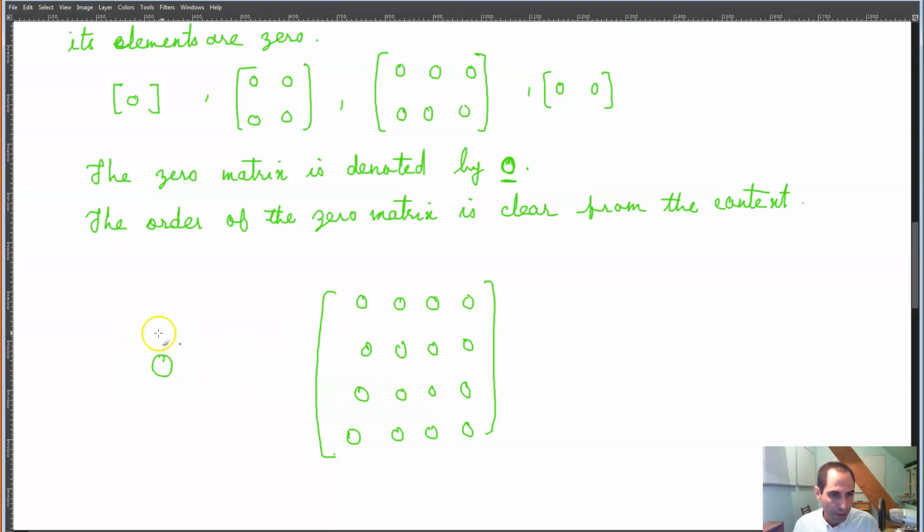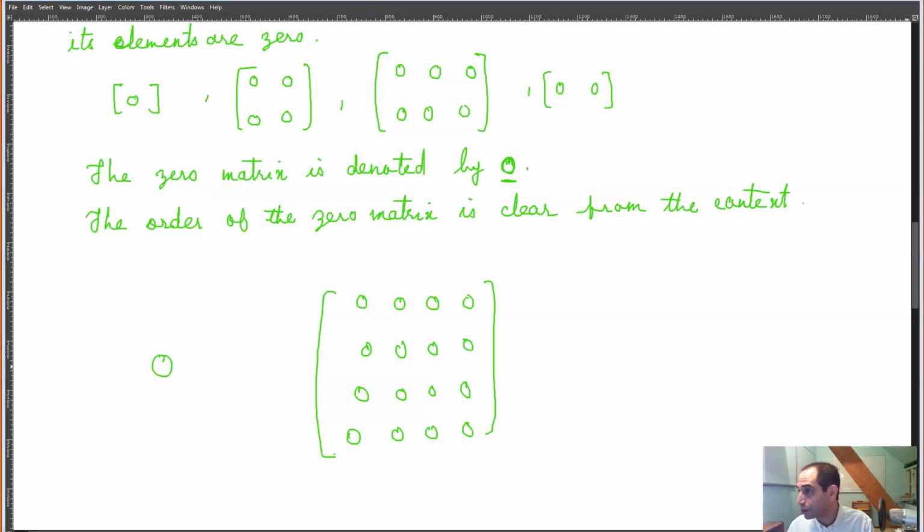The order of the matrix is automatically clear from the calculation that you're doing in that particular case. We will know more about these in the exercises, of course.